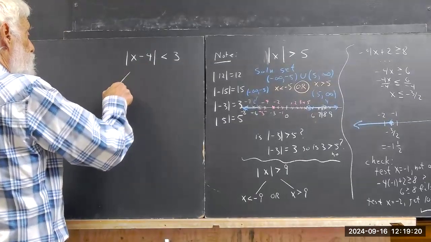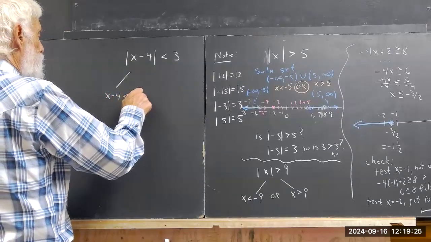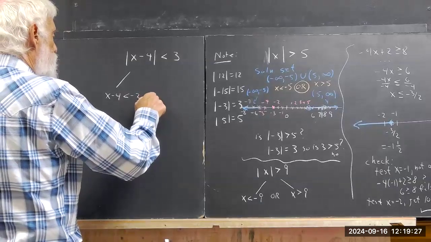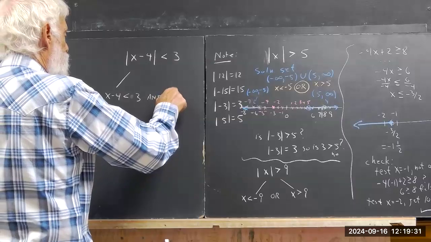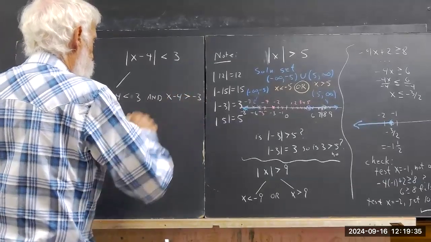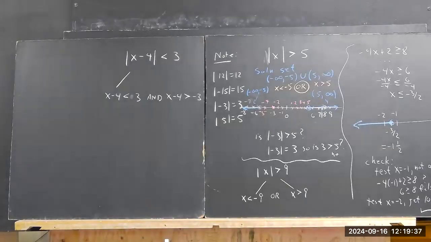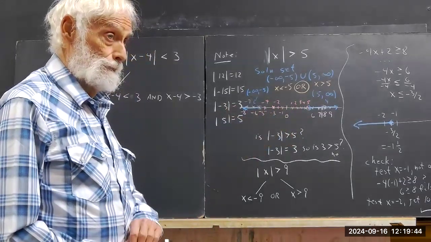And it breaks into two inequalities: x minus 4 less than 3, and x minus 4 greater than -3. It's a pretty easy rule to remember, but think in terms of this example why it's and.